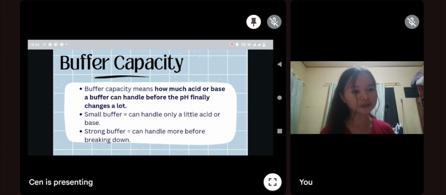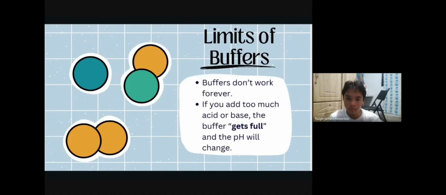the pH almost constant. At dito naman po tayo sa limits of buffer po. So yung buffer po natin ay limitado lang po lamang. Sa nakikita niyo po dito, buffers don't work forever. If you add too much acid or base, the buffer gets full and the pH will change.